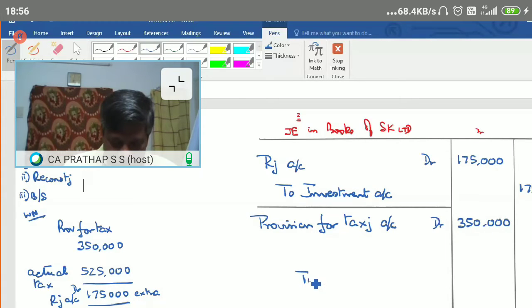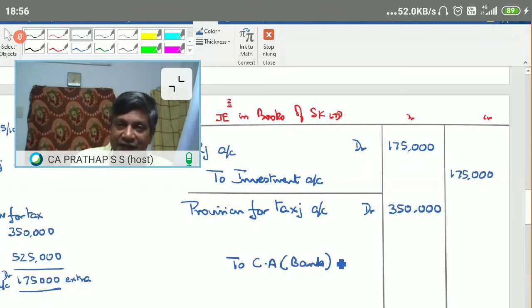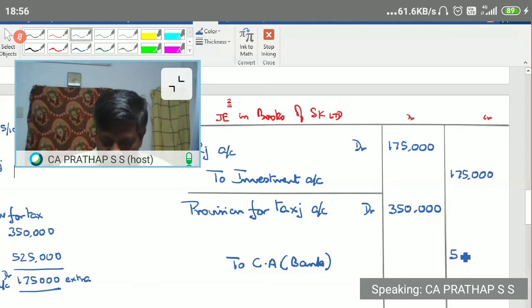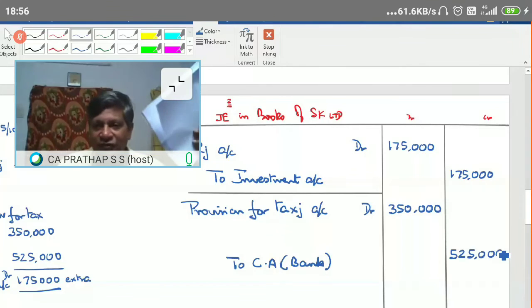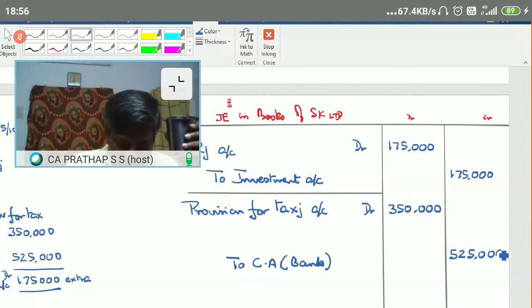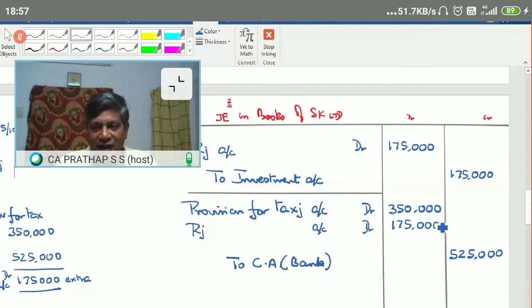Bank we are paying, it was settled for 5 lakh 25,000. We thought tax was 3 lakh 50 and already kept it aside, but tax turned out to be more. It's a loss for us, and all losses have to be borne only by the reconstruction account. Reconstruction debit 1 lakh 75. The narration being: tax liability settled for 5 lakhs 25,000.